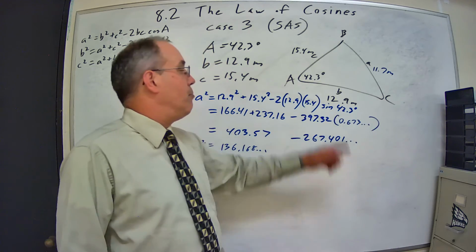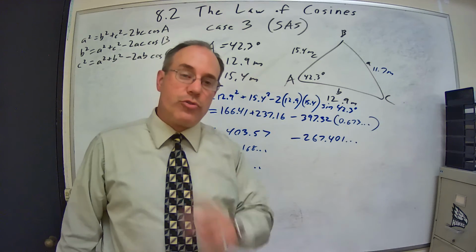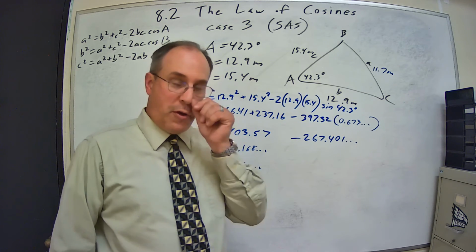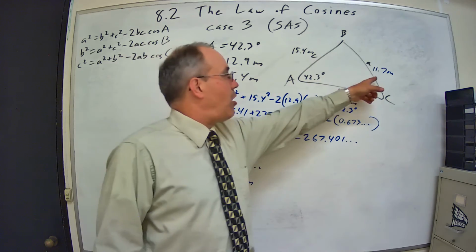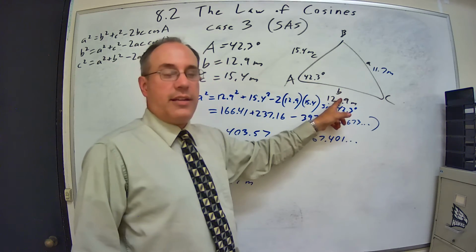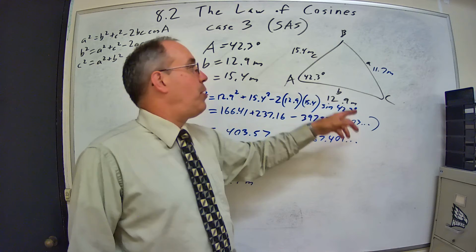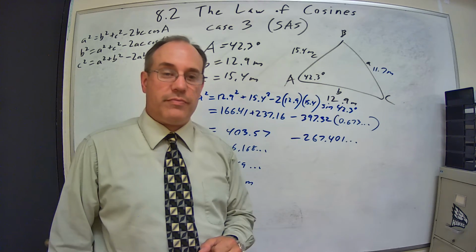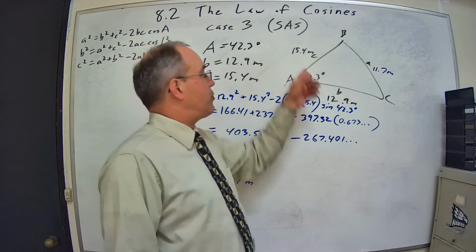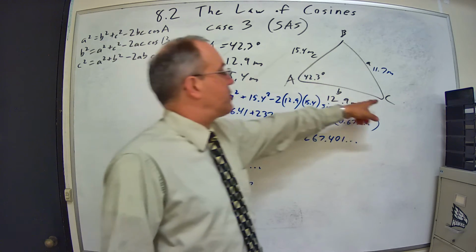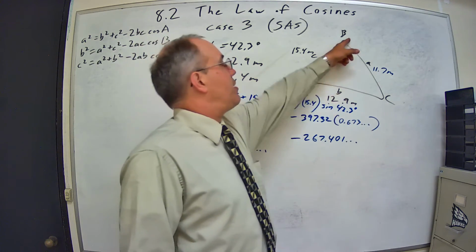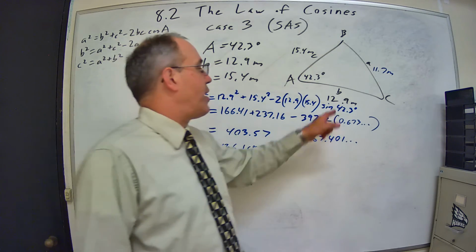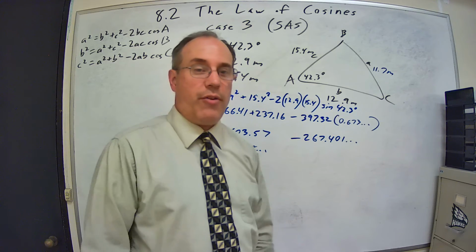I don't know. But I do know that no triangle can have more than one obtuse angle. So if I take the smallest side or the second smallest side, anything but the largest side, I'm going to get an acute angle. So that's what I'm going to do. Instead of finding C, I'm going to find B because 12.9 is shorter than 15.4. Therefore, I know that B has to be an acute angle.